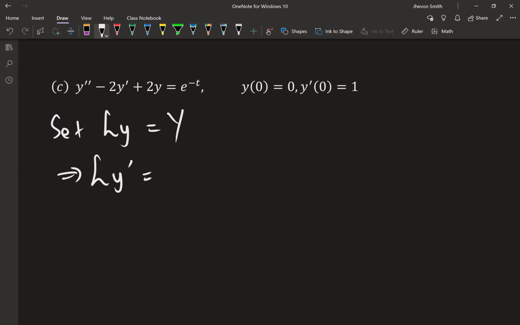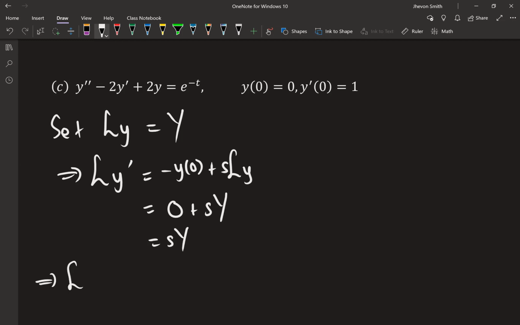What is that going to be? Right, minus y of 0 plus s times the Laplace transform of y. In this case, that's 0 plus s times big Y, so that's just s times big Y.